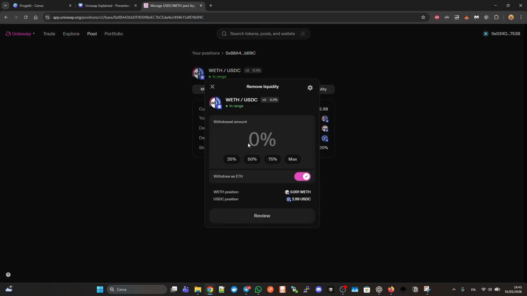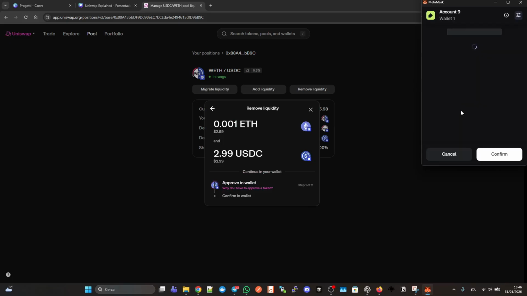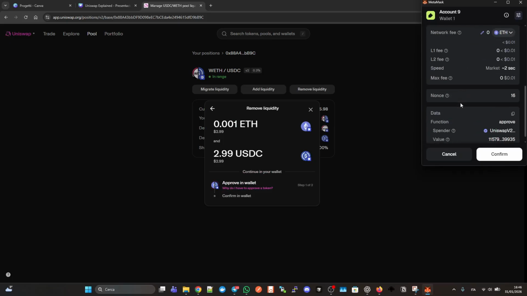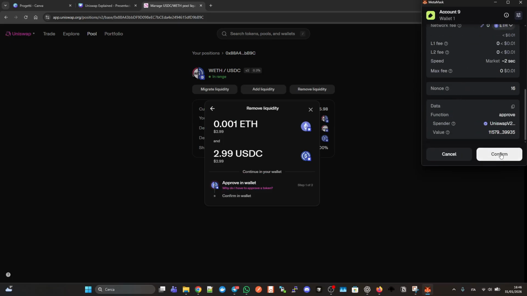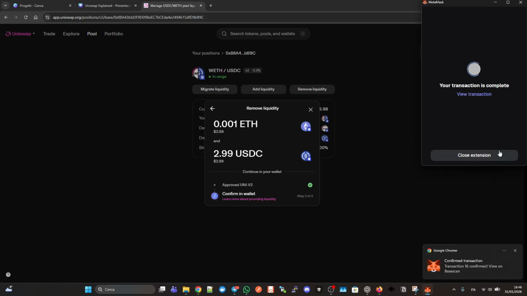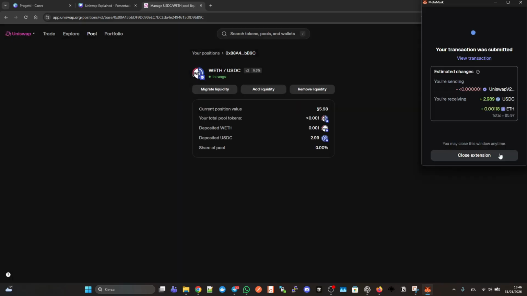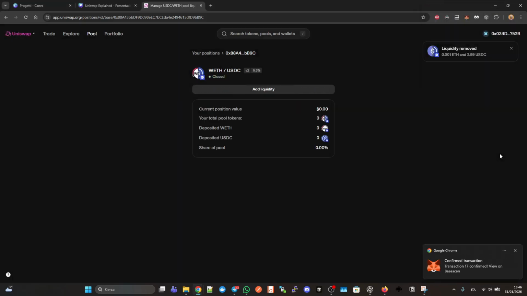So here I do maximum withdrawal amount, withdraw as ETH, okay, review, confirm, okay, let's approve in the wallet, okay, confirm, second transaction, confirm, okay, liquidity removed.